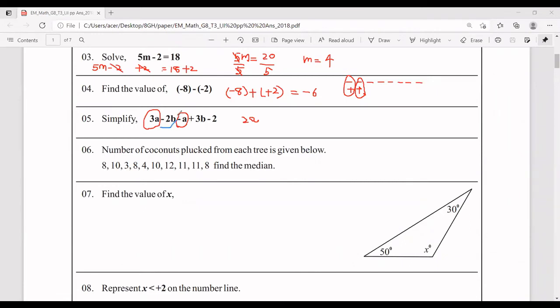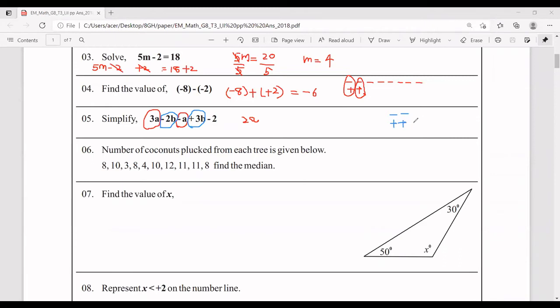Minus 2b plus 3b. Minus 2b plus 3b. Minus 2 plus 3. What is the answer?